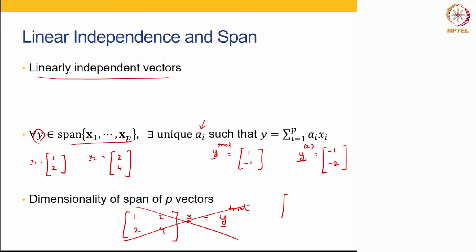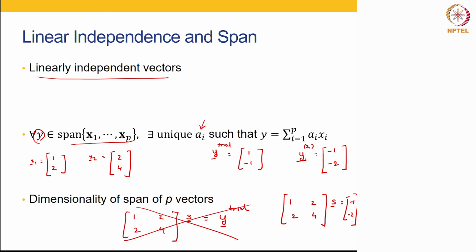So, if you have [1, 2; 2, 4] multiplied by S bar equal to [-1, -2], yes, the solution exists. Why? Because the rank of [1, 2; 2, 4] is 1, and the rank of [1, 2, -1; 2, 4, -2] is also 1. That is what you have studied. We are just putting a different spin on it.